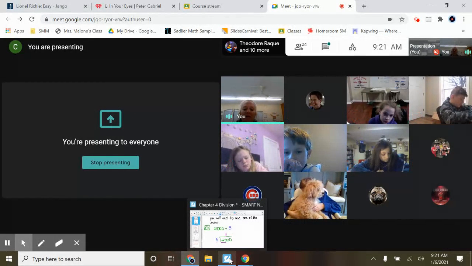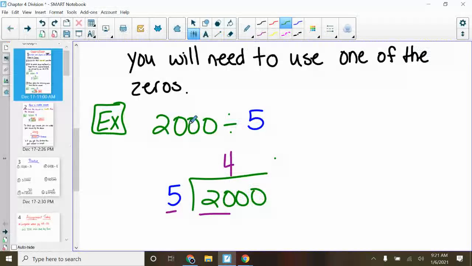Okay, so the example that I'm showing you here shows you an example of what step number 2 says up above. Step number 2 says that if the number outside the box is bigger than the first number inside the box, which as you can tell here, 5 is bigger than 2, I'm going to have to use one of the zeros. So that's why I underlined the 2 and the 0.